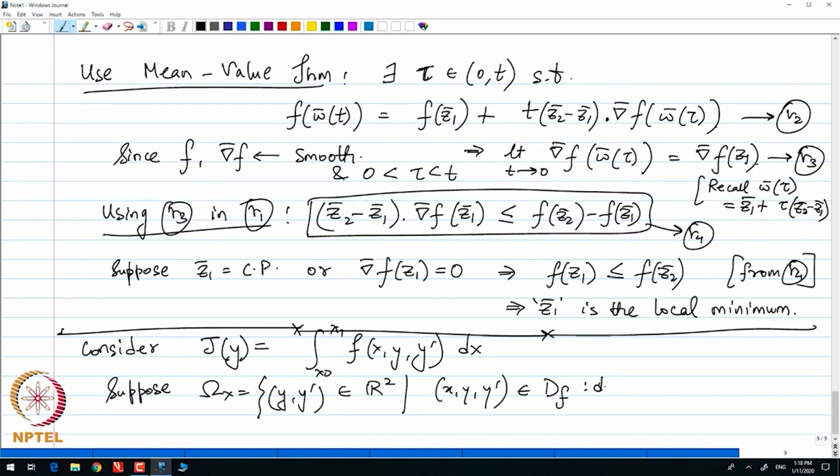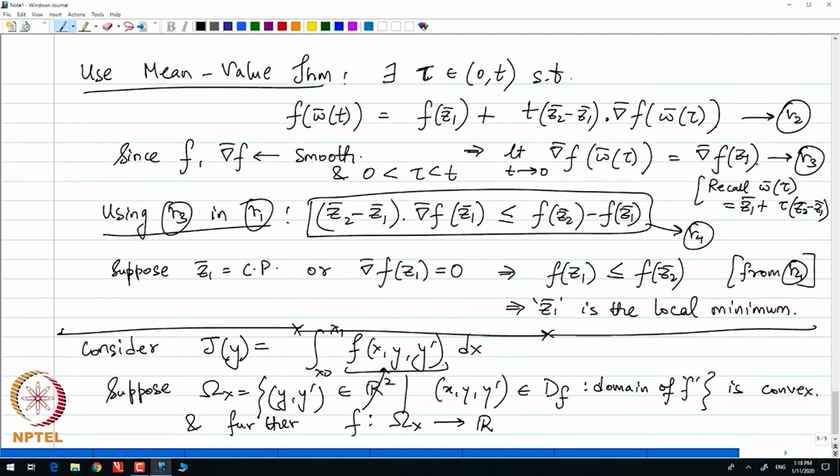This is my domain of f such that this set is convex, right, and further f from omega of x, we are describing it in R, the function is the integrand function.